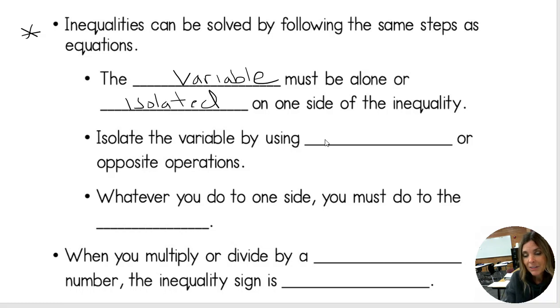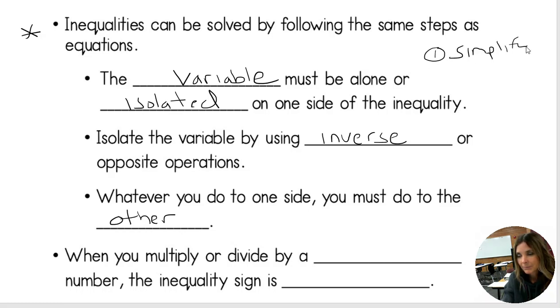You isolate the variable by using inverse or opposite operations. Whatever you do on one side, you must do to the other. Okay, so the steps for solving an inequality are just like the steps for solving an equation. Once you have simplified the left side, okay, so you can distribute, combine like terms.